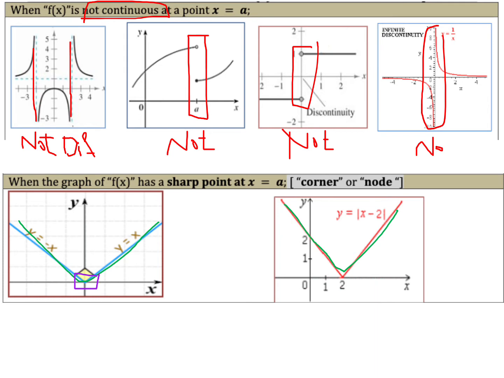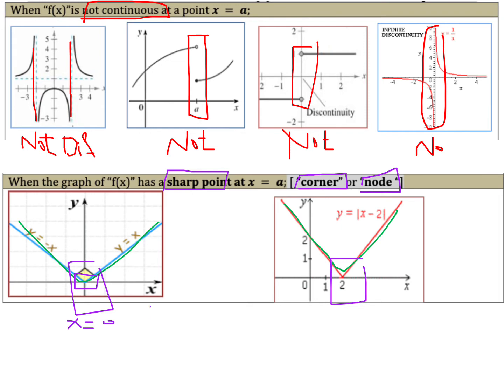Or we can say if it has a sharp point or sharp turn, we call it corner or node. So in this case, the function is differentiable everywhere except the corner. So at x equals 2 here, and at x equals 0, the function is not differentiable.